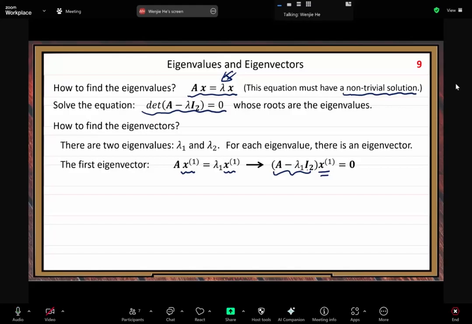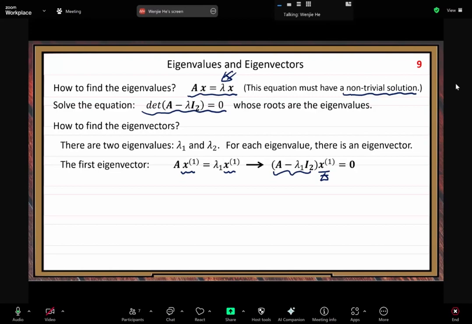So given that we know that matrix, can we find a non-trivial, non-zero vector here? Our goal is to find a non-zero vector that satisfies this equation. And that non-zero vector must exist. Before we work on it, we know that non-zero vector must exist.